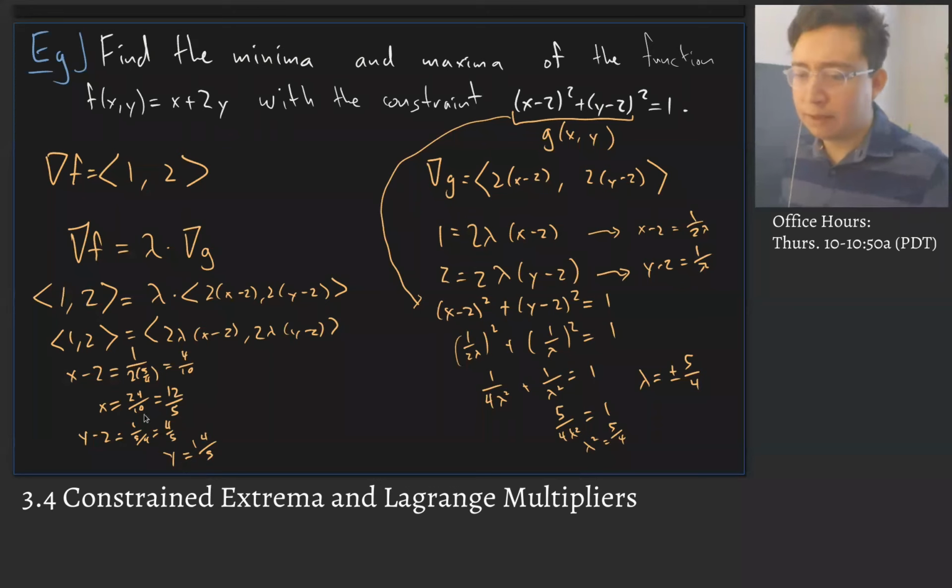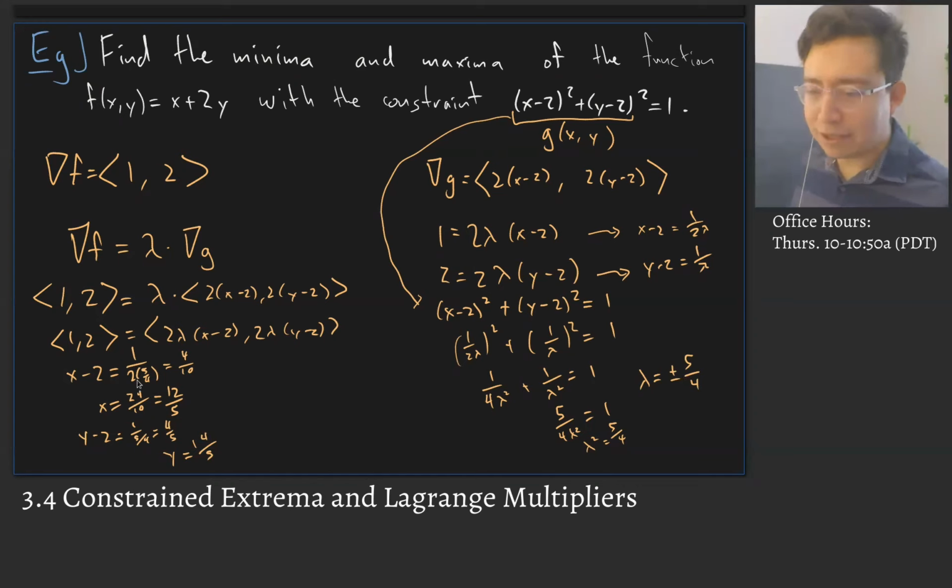Then we can do something similar. Remember that we got a plus or minus over here. So for the minus, we get x minus 2 equals 1 over 2 times negative 5/4. The arithmetic is not exactly the same; we get negative 4/10 here.